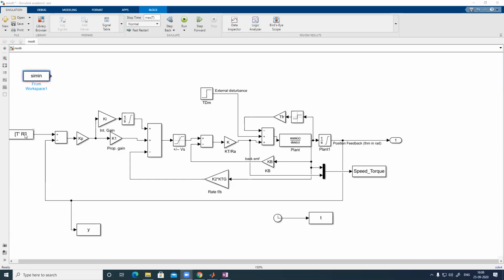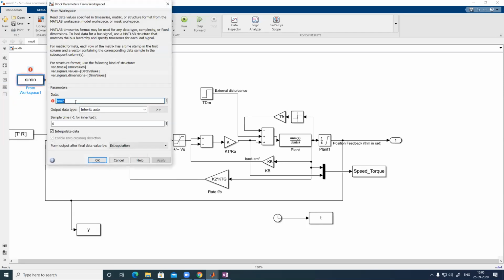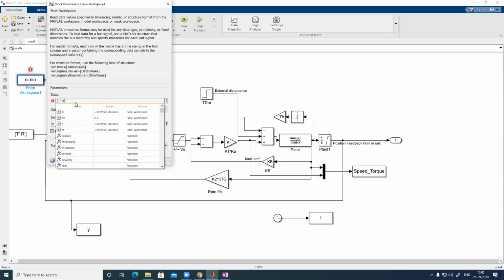Yeah, this is from workspace option. When we run the sweep, we get the T dash R. You will get TR when you are running seep. So the Simin is connected to T dash R dash. Yes, this Simin is to workspace and from workspace. Inside this is capital T dash, capital R dash.